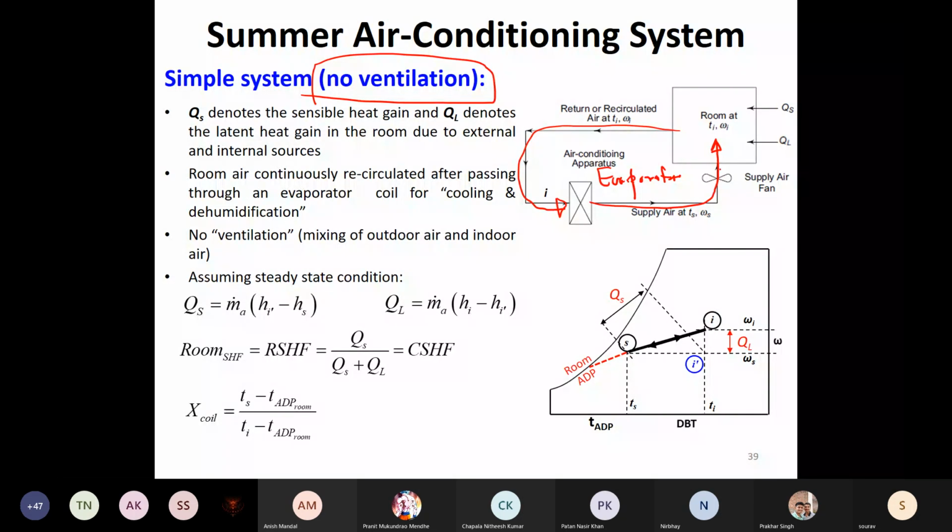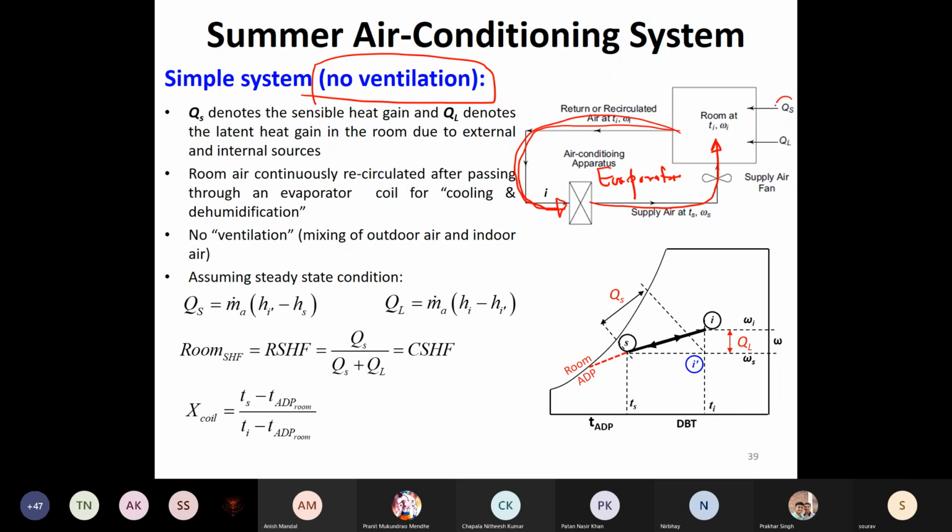So this cold and dehumidified air is supplied, and it picks up sensible heat and moisture, and then again gets circulated back into this cooling coil. This is the process which is happening.